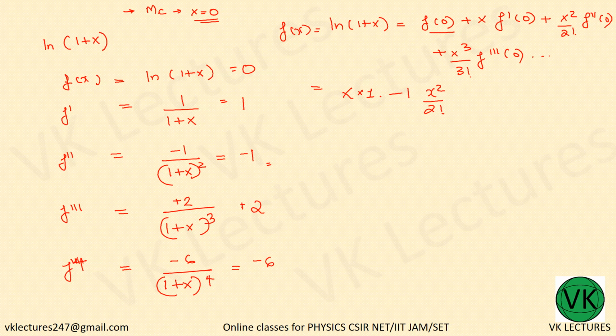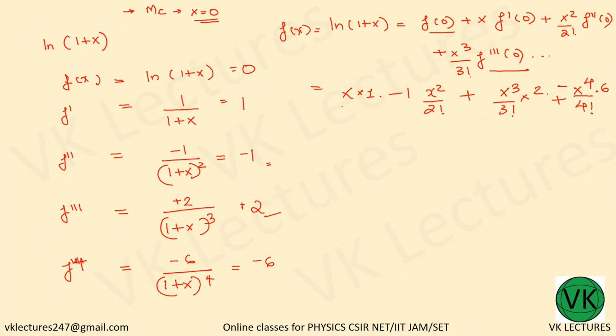Fine. Now minus, that is plus x cube by 3 factorial into f triple dash of 0, where f triple dash of 0 is 2, plus x to the power 4 by 4 factorial into 6 with a minus sign.